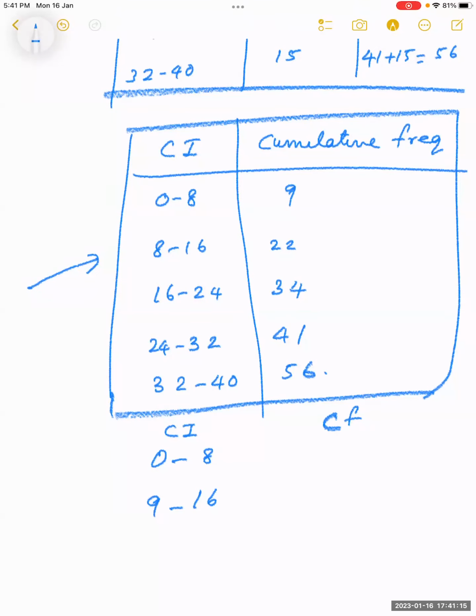If they ask you to convert into an exclusive distribution, at that time you do it. Otherwise, when you do the histogram, at that time you will have to do it. That is for graphical representation. That is different. Don't mix it with calculating cumulative frequency or changing it from cumulative frequency back to frequency. There, you don't need to touch your class interval.